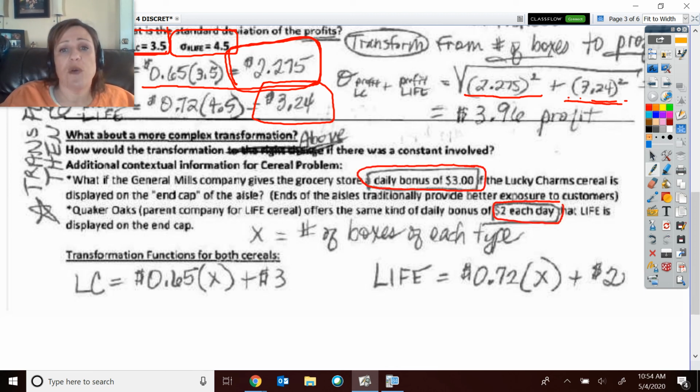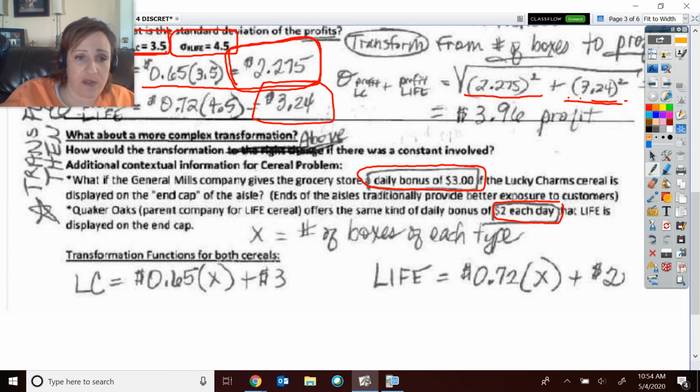General Mills will give the grocery store a daily bonus of $3 for every day that they put those Lucky Charms displayed on the end caps, the ends of the aisles, because they know if it's on the end of the aisle, it's more likely to be chosen, because somebody walking by is going to pick it up. So General Mills gives a daily bonus of $3 for their Lucky Charms. Quaker Oats gives a daily bonus of $2 for the Life.